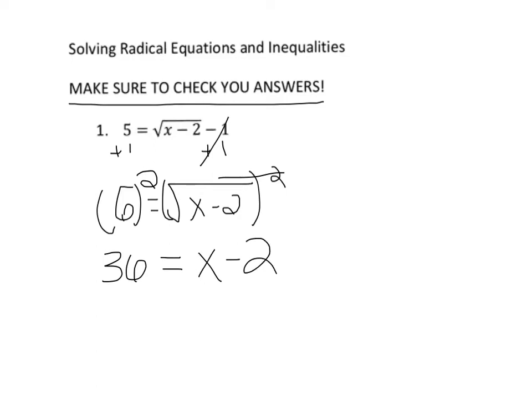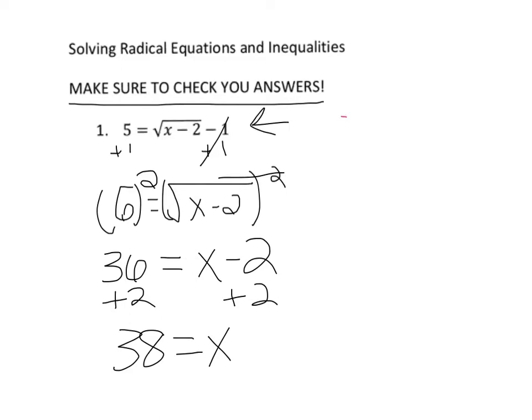And our square root and our squared cancel, and we're left with x minus 2. We still want to solve for x, so our next step would be to add 2 to both sides. So we would have that 36 plus 2 is 38, which equals our x. Now remember, we need to check our answers. So we're going to plug x in wherever it is in our original problem.